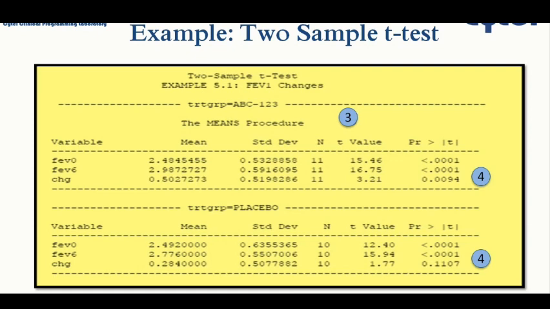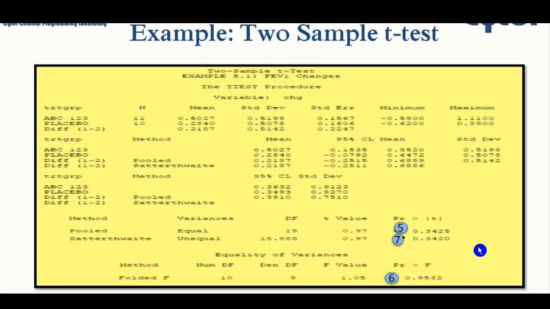So here the t value is 3.21, and this is nothing but the p value 0.0094, and this is the p value 0.1107. That was for the single sample.